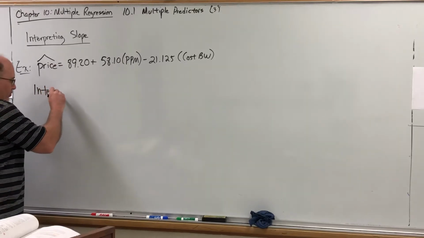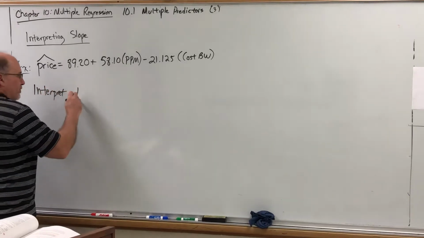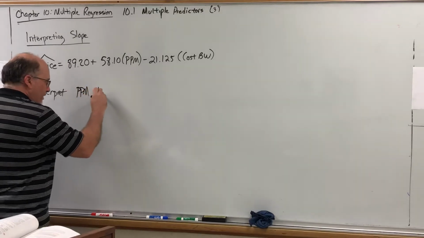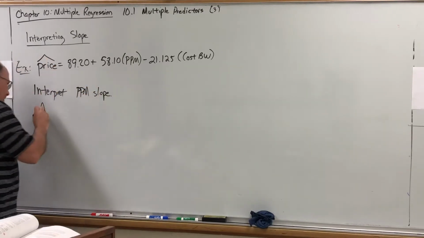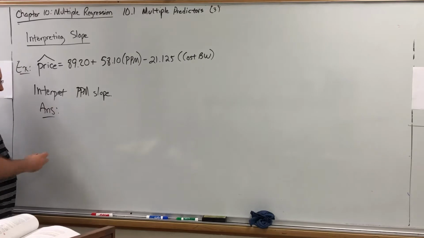First, we have to pick a slope to interpret. So let's interpret the ppm slope. We start interpreting it the same way as before.